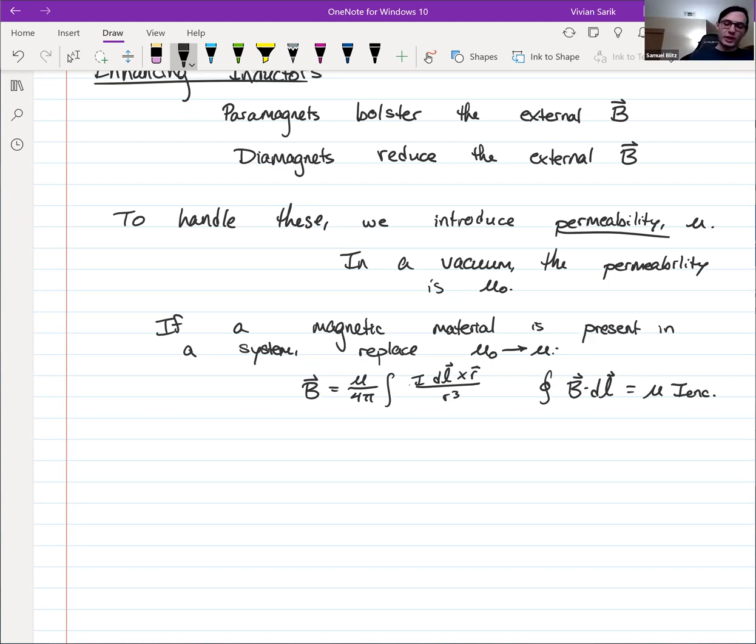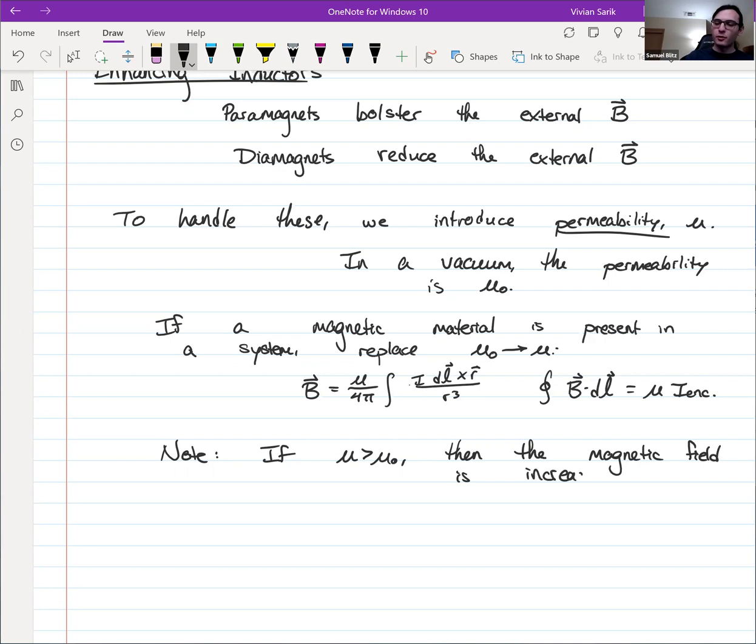So just as a quick note, let's think about what happens if mu is different. For example, from the Biot-Savart law, we see that if mu is larger than mu naught, then the magnetic field is increased.